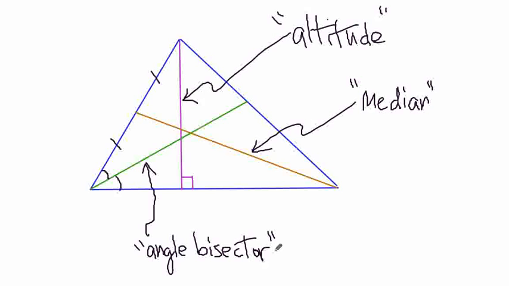Embedded in those terms is useful information that you can use to see if you can satisfy the conditions of your SAS theorem, SSS theorem, ASA theorem. All right, so that's why it's useful to know what these terms imply.